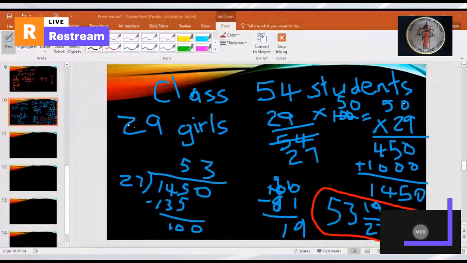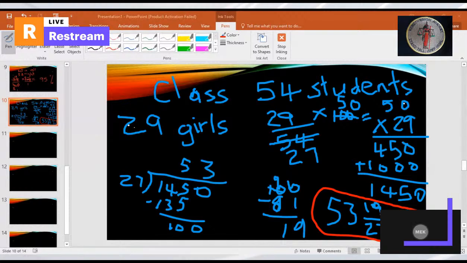I'm working that one swiftly out of my head, I think that's it. So if we take 53 and 19 over 27 from the full 100%, I do believe it would be 46 and 8 over 27%. So those are the two ways you can work that.